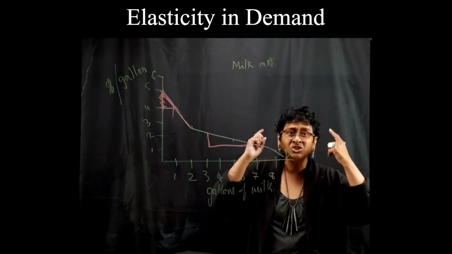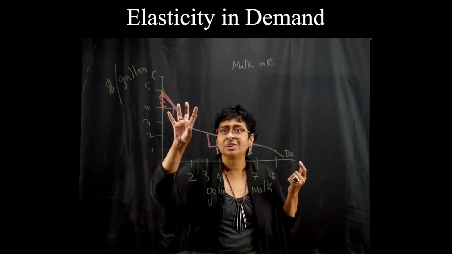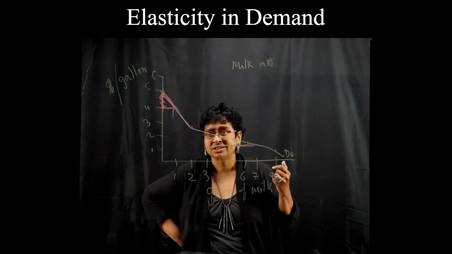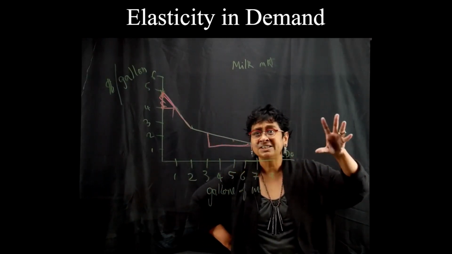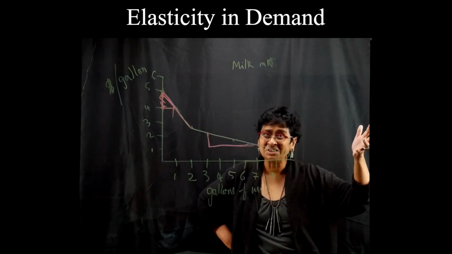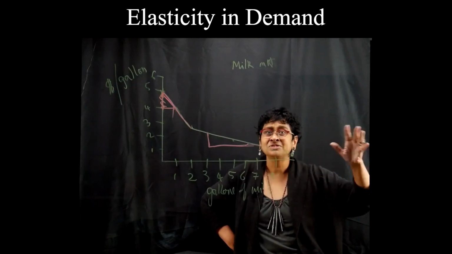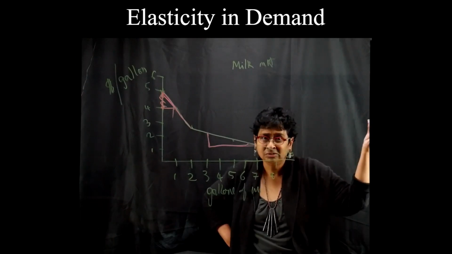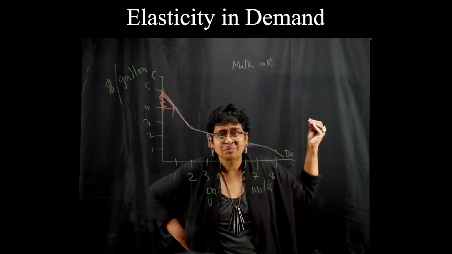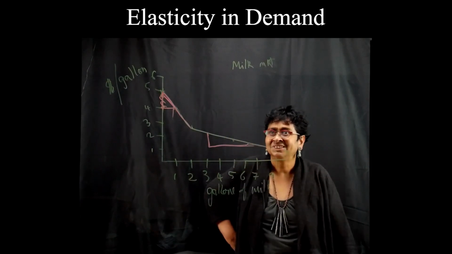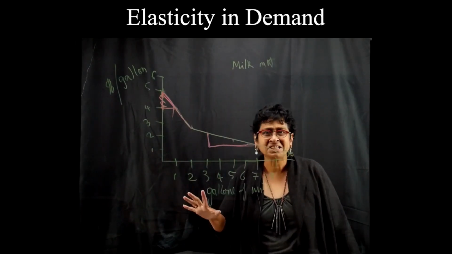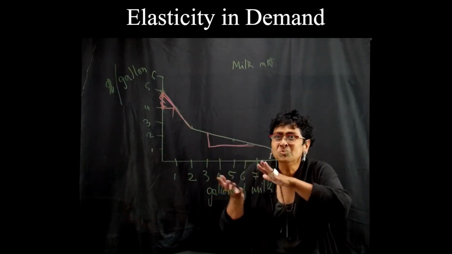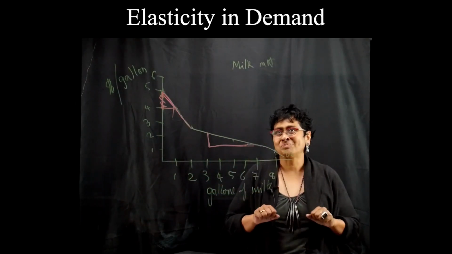So especially in markets, people pay a lot of attention to the responsiveness of the market to prices. One reason we like competition or globalization is we often feel that it allows greater elasticity. If goods from the US are very expensive, we'll get them from Canada. Or if I can't get it from Mexico, I'll get it from Guatemala, right? What that means is you're going to be very responsive to price changes.